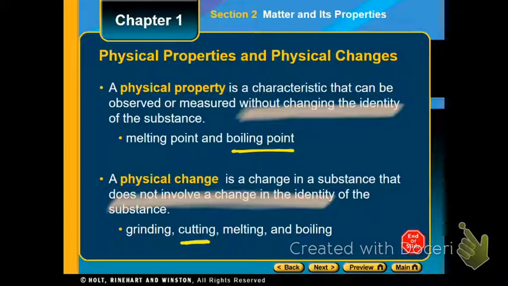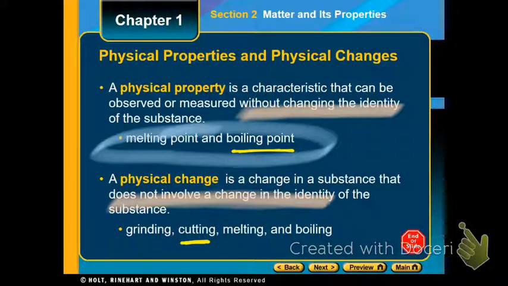I like to say another big one right here. If I'm looking at the melting and boiling points of a substance, with these, I like to group my phase changes or changes of state into here too. So you'll see these phase changes very often.